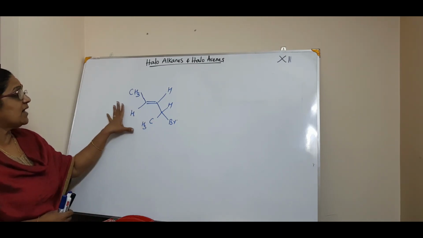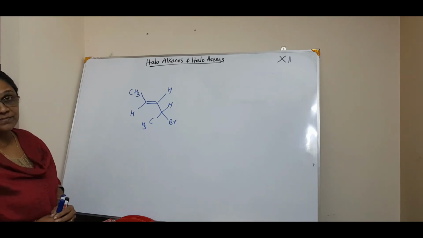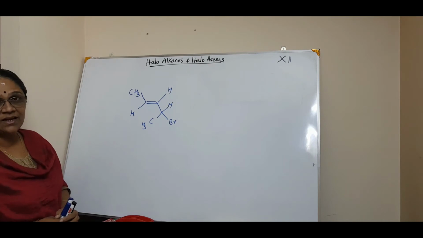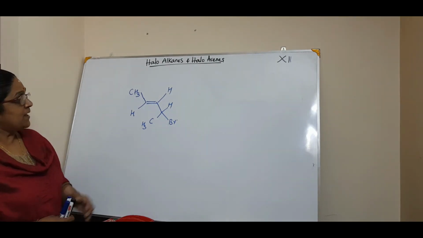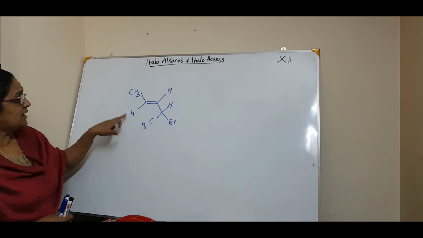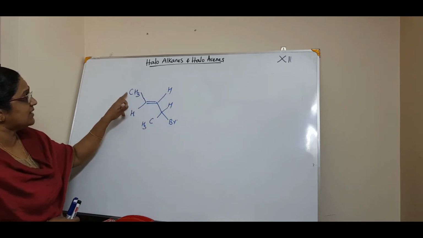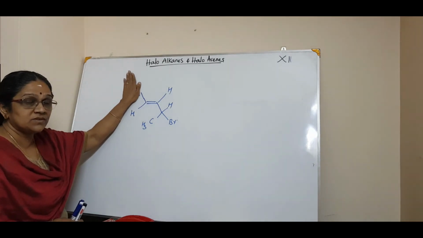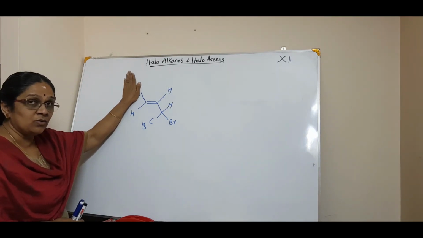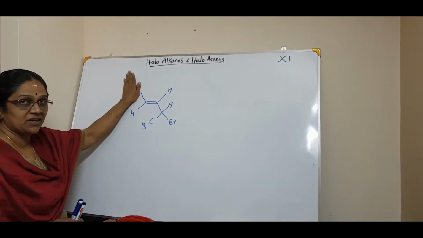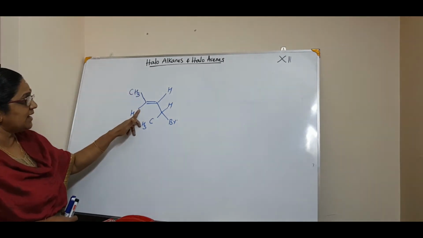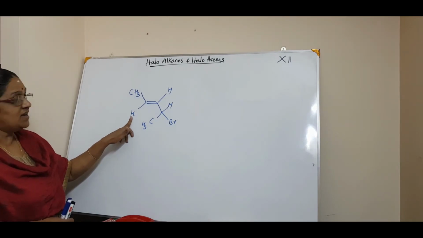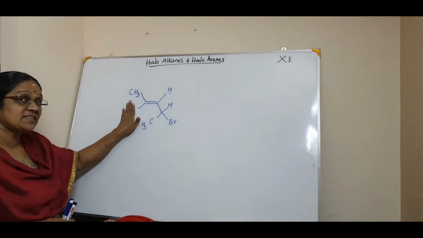How will you write the IUPAC name for this compound? First, you should know what this structure actually is. Here the terminals are given as CH3. If it is not given also, you have to assume that it is a CH3. If nothing is given, you have to assume it as CH3.